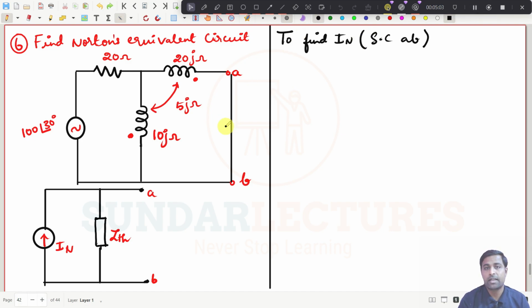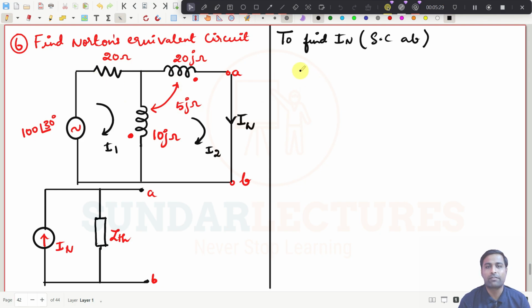It is IN. This is a 2 loop problem, so let this one be I1 and this one be I2, which is nothing but IN. You just write down the equations and substitute the values, and you will obviously get the value of I2.